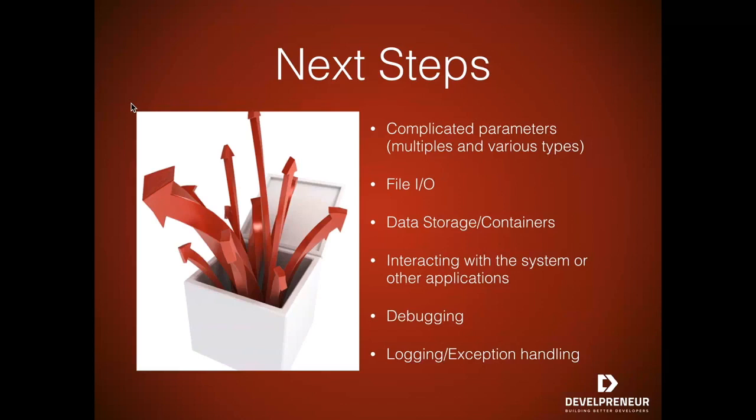Once you get past the Hello World 2.0 and you've done some of those basic things, now it's time to start really learning the application. These things are going to vary a little bit on how you want to attempt them. But typically, one of the things you can learn fairly quickly is complicated parameters.